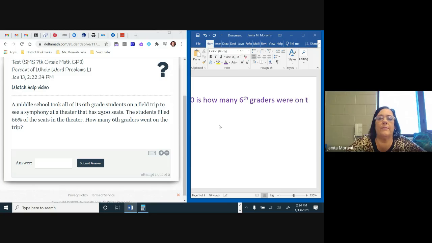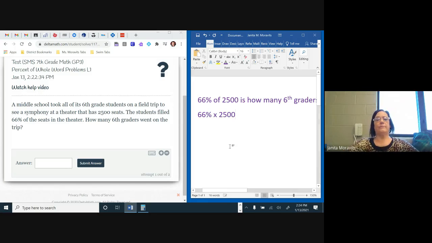We're on the field trip because that's what they filled up. All right, so 66% of 2,500. Well, that's the same as 66% times 2,500. Remember that we have to change it to a decimal, 0.66 times 2,500.